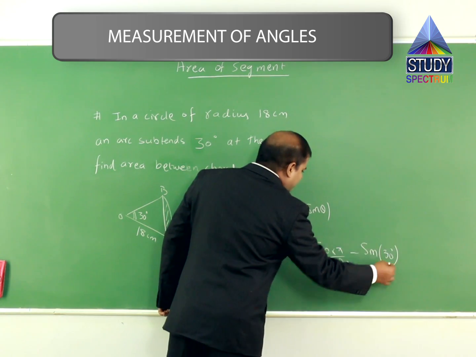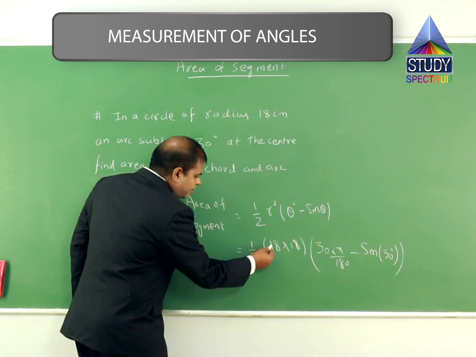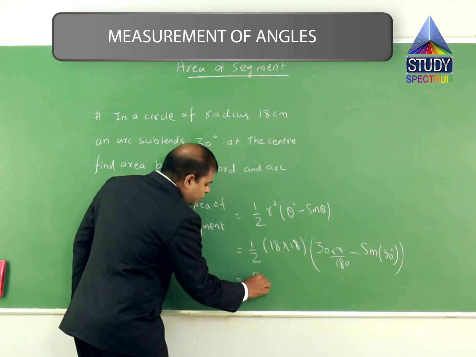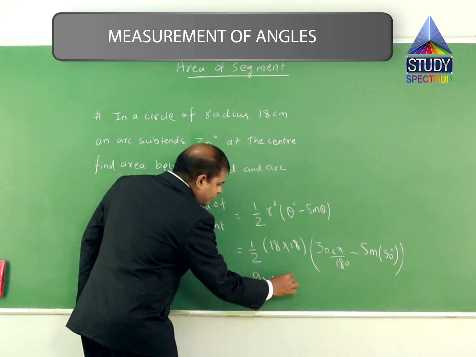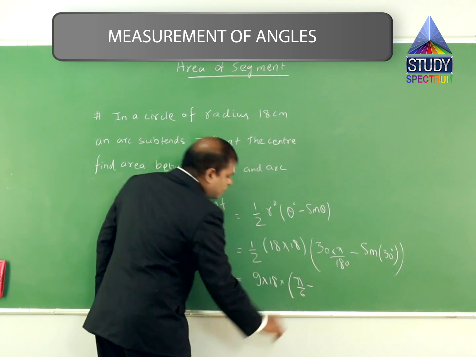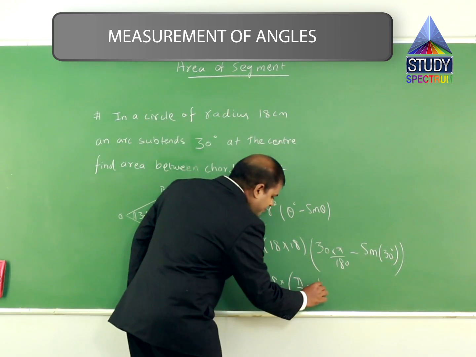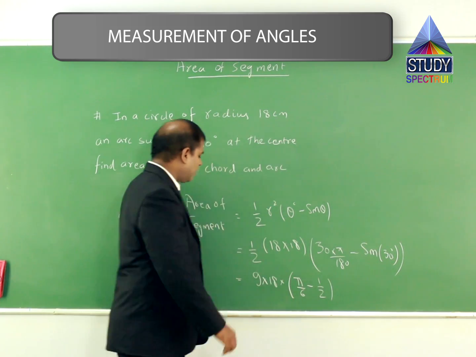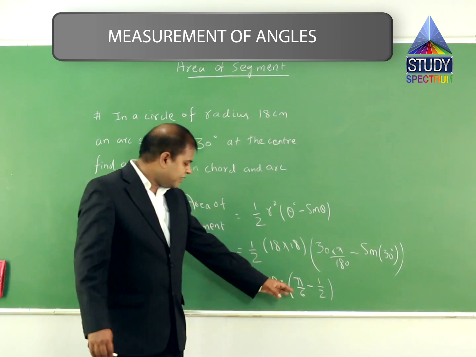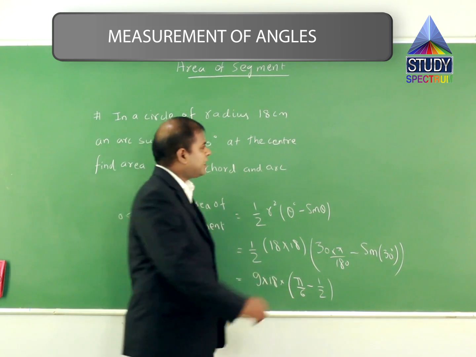Here I can write in degrees as well as in radians, one and the same thing. If I consider the half, 9 into 18 into pi by 6 minus sine 30 degrees. The sine of 30 degrees is half. So if I multiply it inside, 6 cancels to 3 and we get 27 pi.